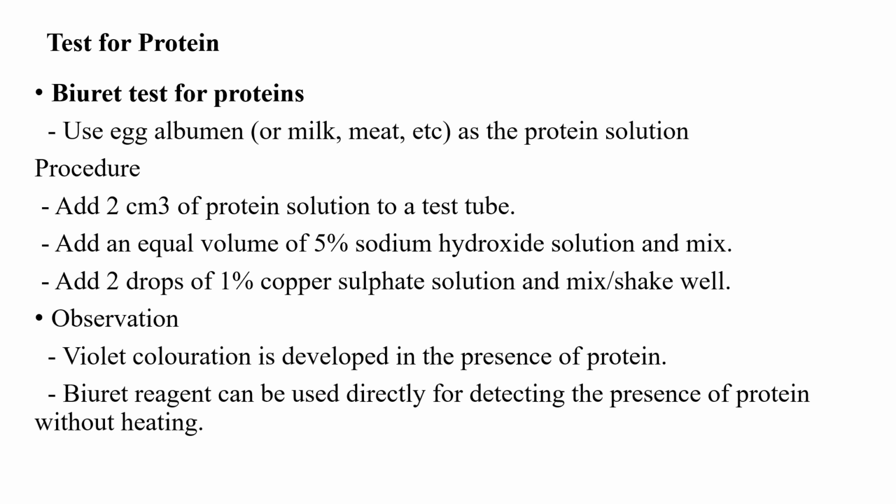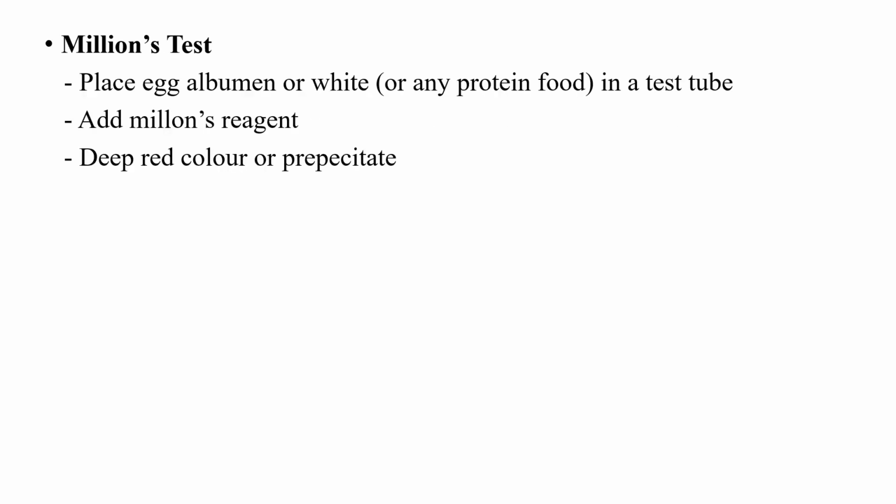Biuret reagents can be used directly for detecting the presence of protein without eating. Sometimes you may not need to eat. Most times you don't eat when you are carrying out a Biuret test using Biuret reagents. Now, we can also test for protein by using Millon's test.